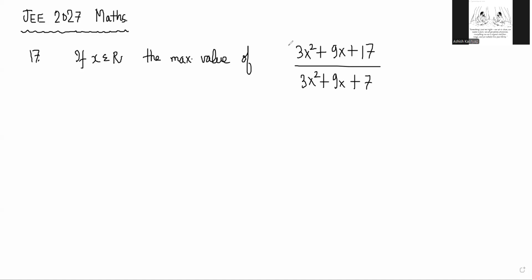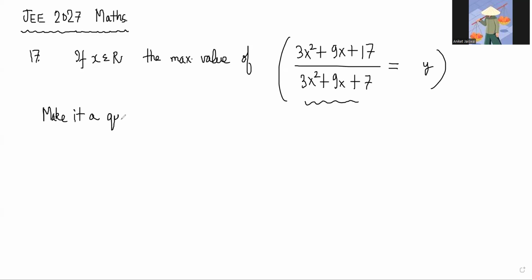Set this expression equal to y, the output of this expression. We need to find it in terms of y. Now rearrange it and make it a quadratic in x.